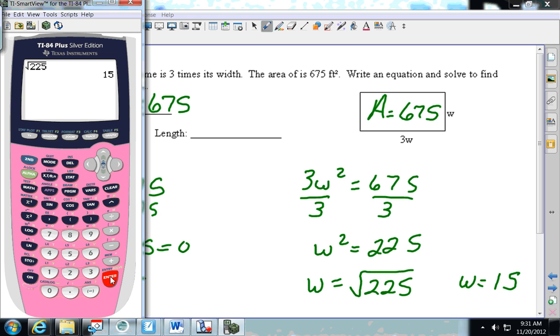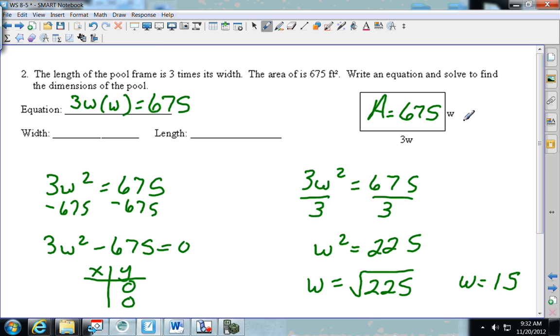It gives you 15. That tells you that the width is 15. W equals 15. So if the width is 15, what's the length? Yeah, it's 3 times 15, which is 45.